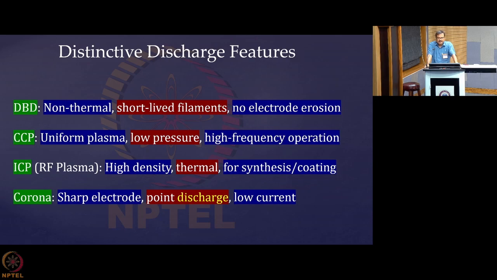Then ICP, this RF plasma, high density thermal plasma, usually used for synthesis and coating. Then corona: they usually use sharp electrodes, point discharges, and they are usually at very low currents. So these are some specific features of DBD, CCP, ICP and corona discharges.